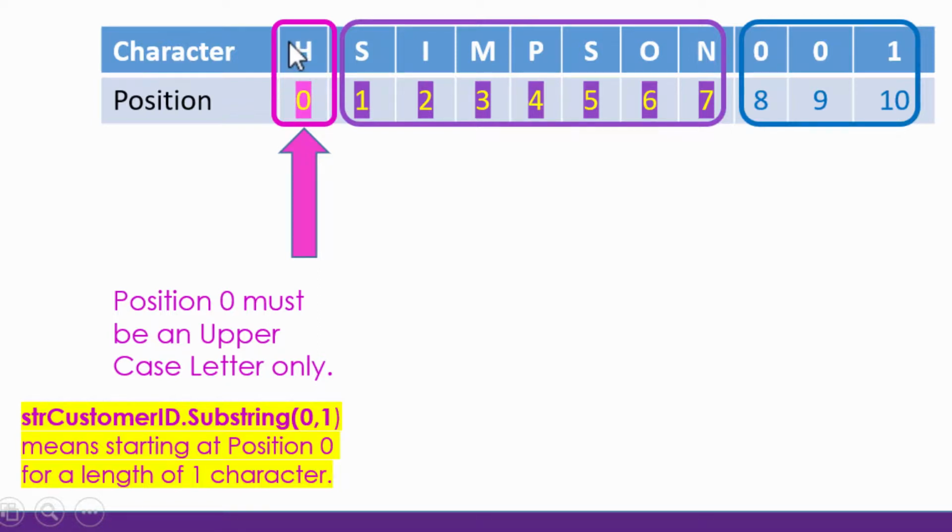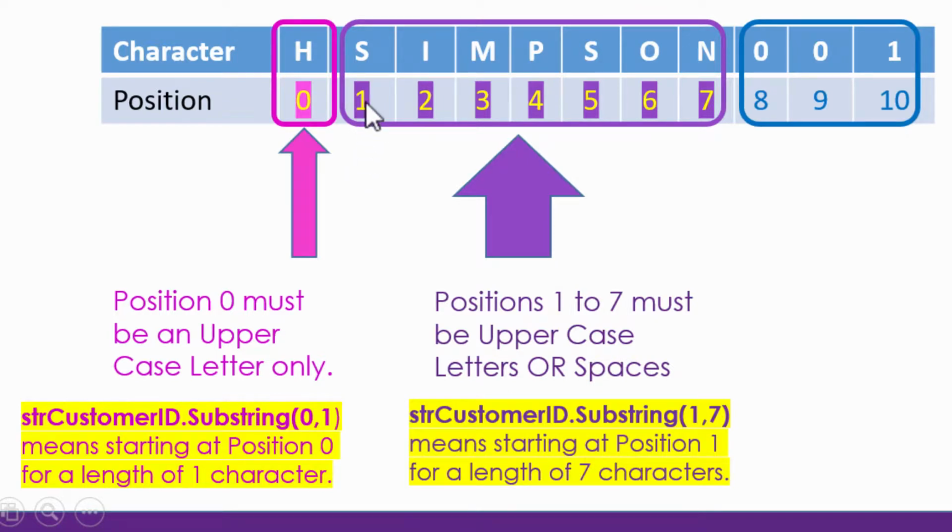We can check out if this is okay or not. Now, in the next part here, we've got positions 1 to 7. To substring that, if you want to check all those at once, you say string customer ID is that whole blue box there, but we just want this purple bit here, 1 to 7. So you say substring starting at position 1 for a length of 7. So we want 1, 2, 3, 4, 5, 6, 7 of them.